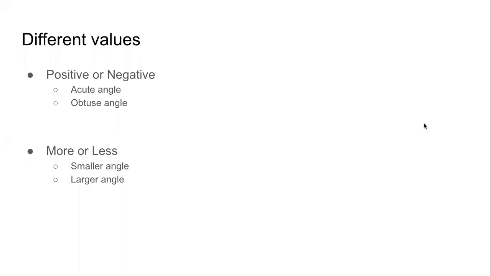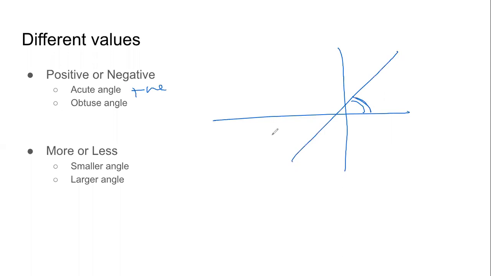If we try to summarize our observation about the values of the slope, we can say that slope can be positive or negative. It is positive when the line makes an acute angle. How? This angle is acute, it is less than 90 degrees.